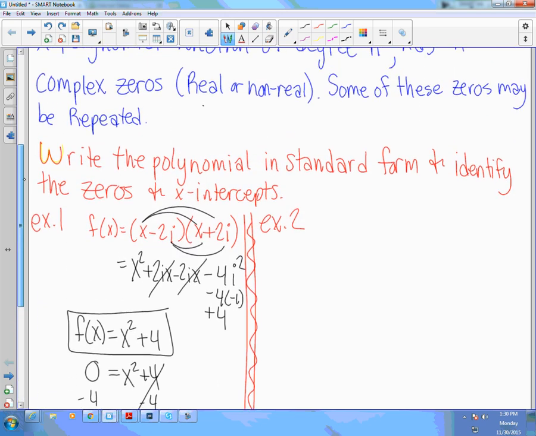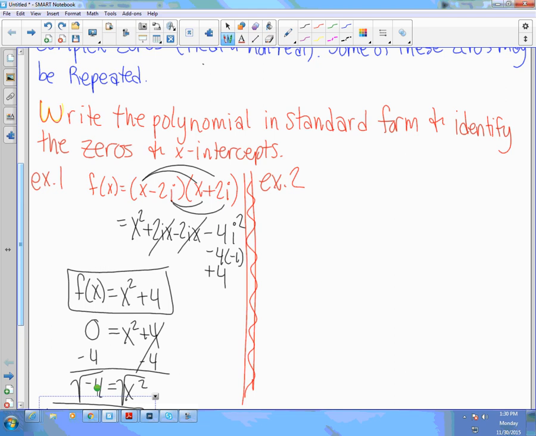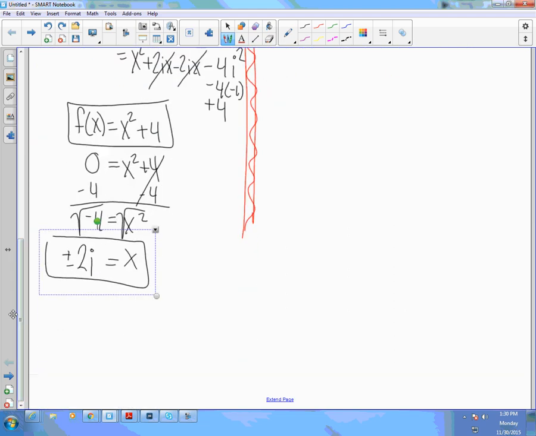And let's see, one more question. What about x-intercepts? Out of these two answers, which ones are x-intercepts? Positive 2i or negative 2i? Oh, Alex is on fire today. What is it?